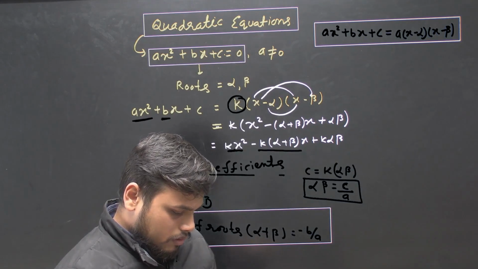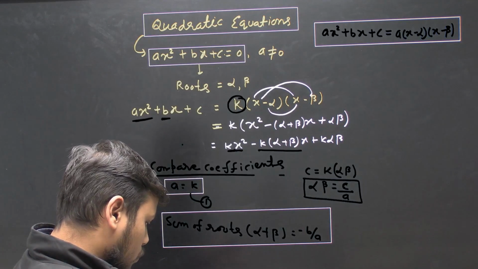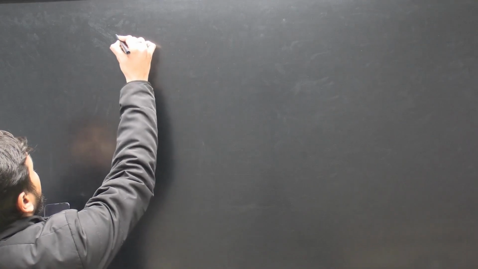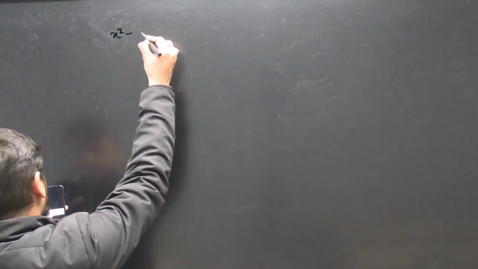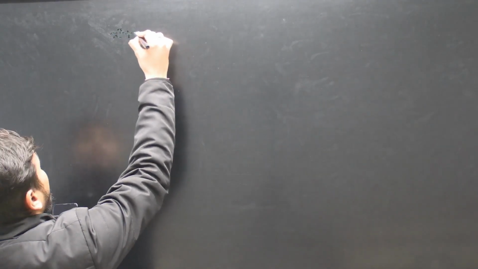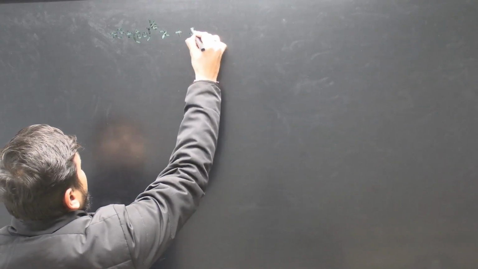Okay, so we have a question which was asked in JEE Mains 2021. Let me write down the question first. Let alpha, beta be two roots of the equation x square minus 20 raised to power 1 by 4 x plus 5 raised to power 1 by 2 equal to 0.